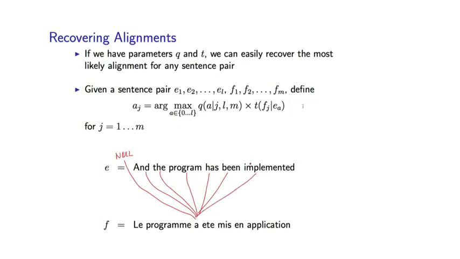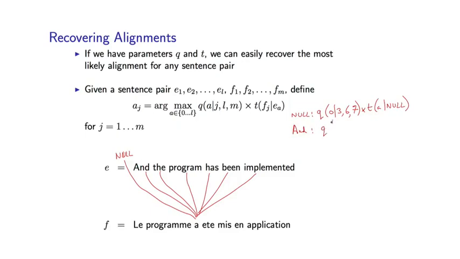Let's go through each of them in turn and see how this expression is scored. For the null word, we evaluate q of 0 given 3, 6, 7: now we have the third word in the French sentence, and we have 6 as the length of the English and 7 as the length of the French. That's the distortion parameter, basically specifying the probability that position 3 in French is aligned to position 0. And then we have a translation parameter, t of "a" given null. Let's look at the second word, "and".